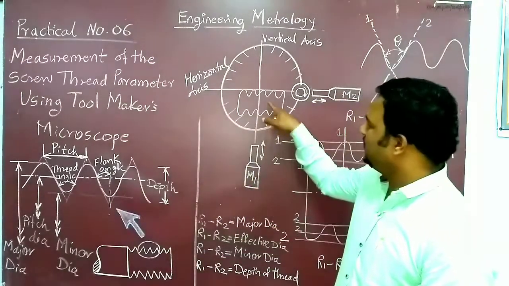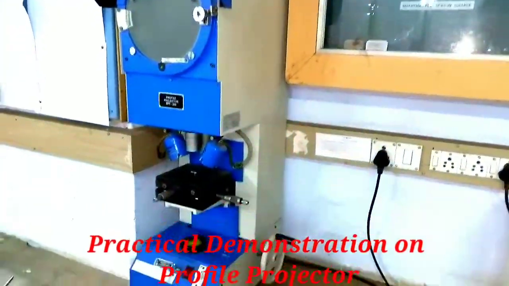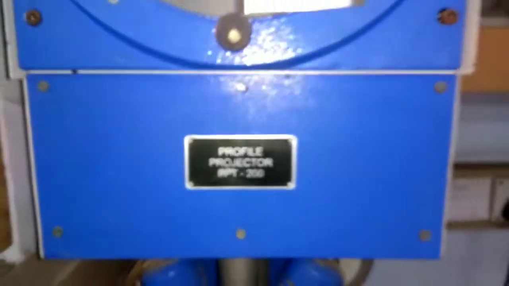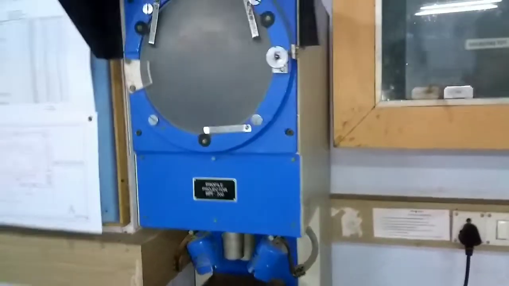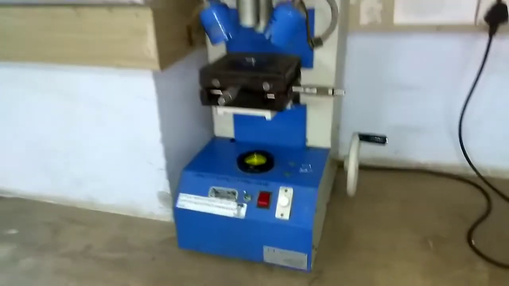So you can see this figure and all these parameters. So this is the profile projector 200 series model. First we will see each part of the profile projector, starting from the knob and the start button.